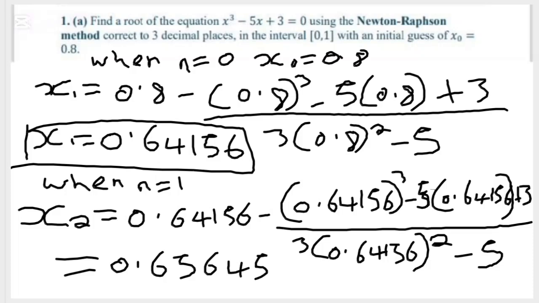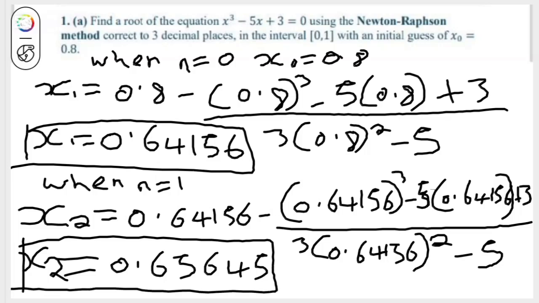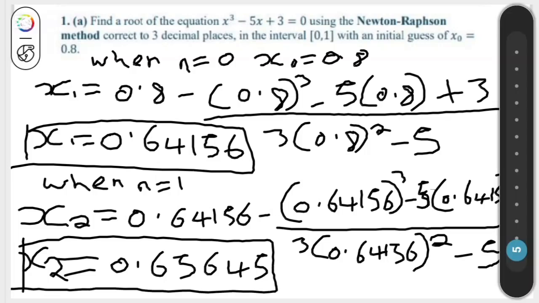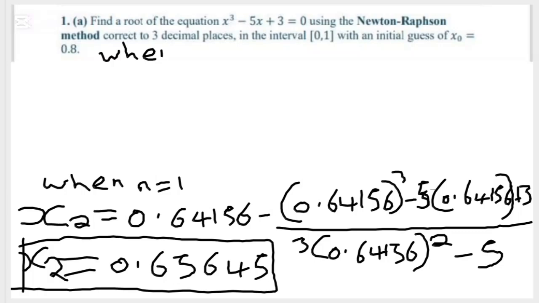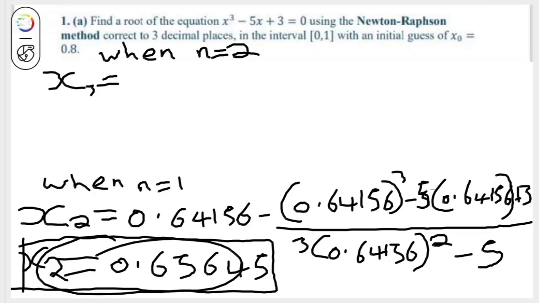So this is x2. Now I'm going to say when n is equal to 2. So when n is equal to 2, the equation will now become, if I add 2 plus 1, I'll get 3. So this will now become x3. So my x2, this is x2.